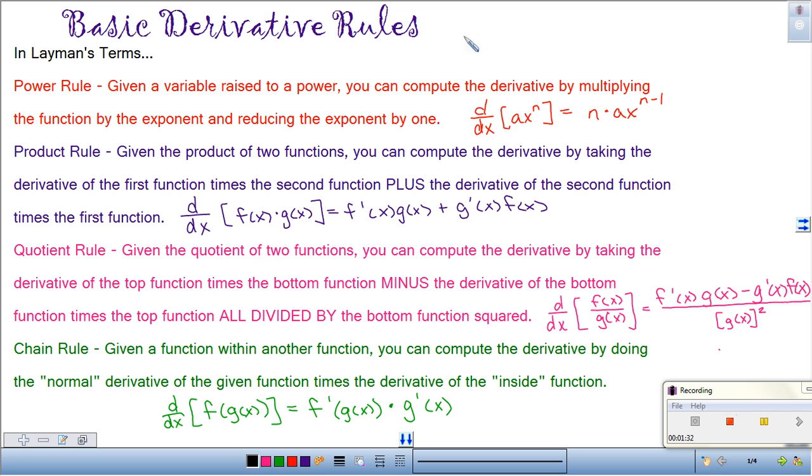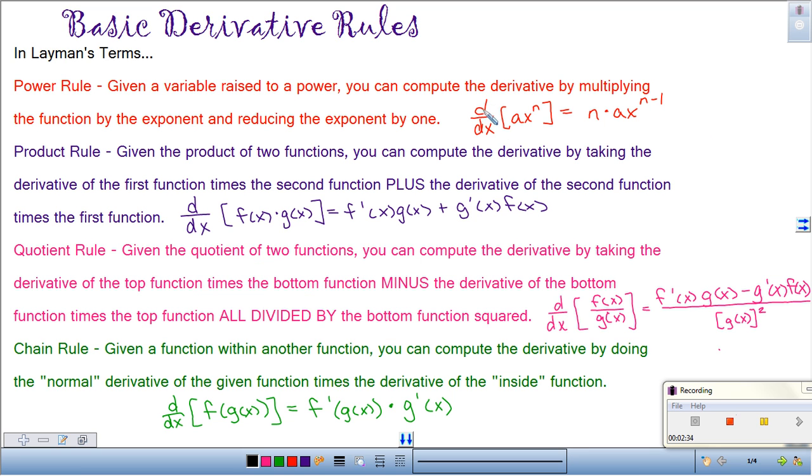Sometimes it's easier to write with prime notation, f prime of x, but sometimes it's easier just to say the derivative of one particular function with respect to x. So d dx, d over dx, sometimes it's just easier. And in this case, if I'm writing out all the rules like this, it's a lot easier for me to use Leibniz notation.